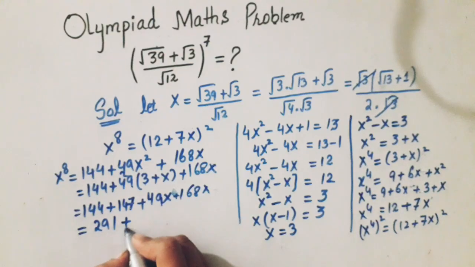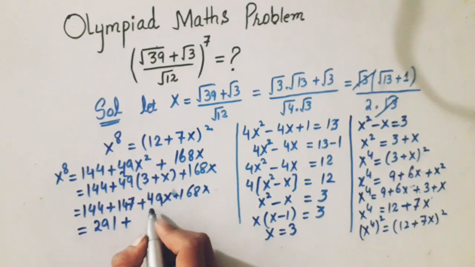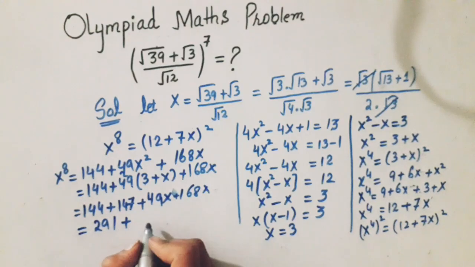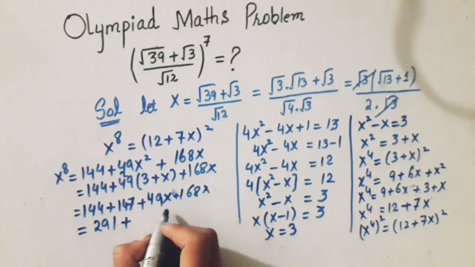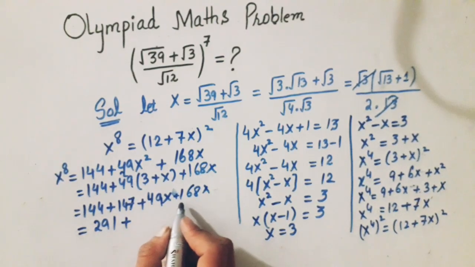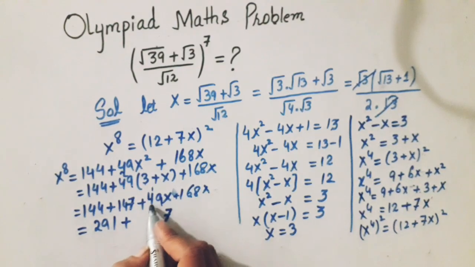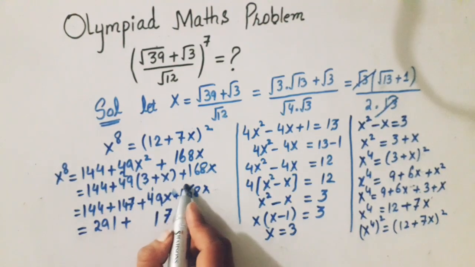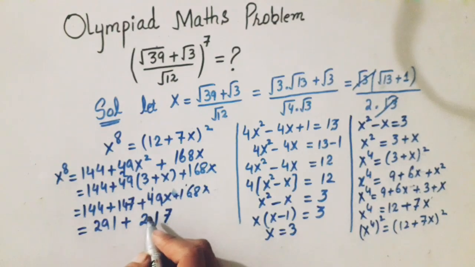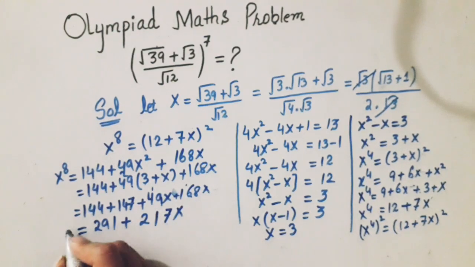So 291 plus, next term is 49x plus 168x, that is 217x. So this is the value of x8.